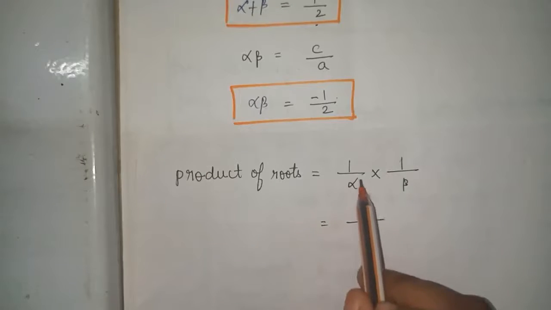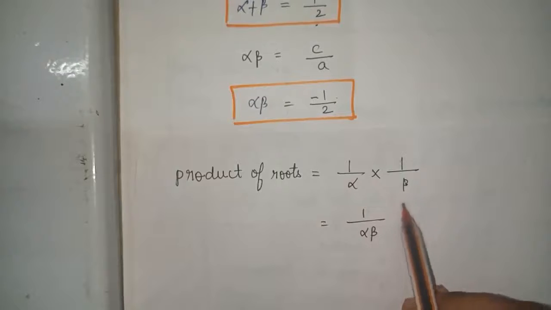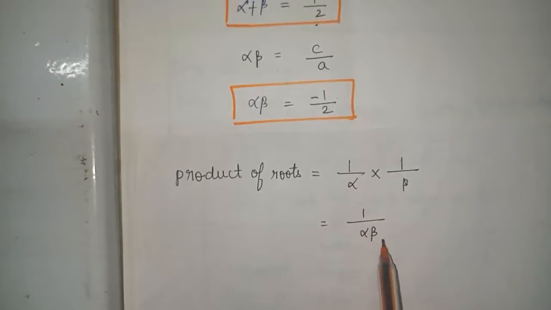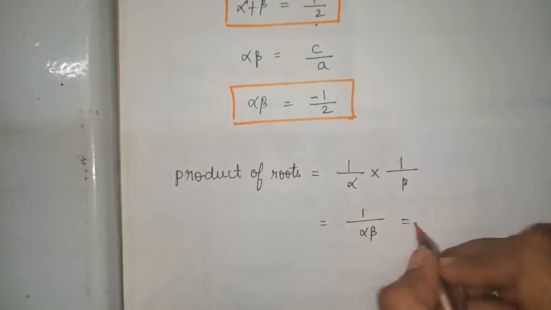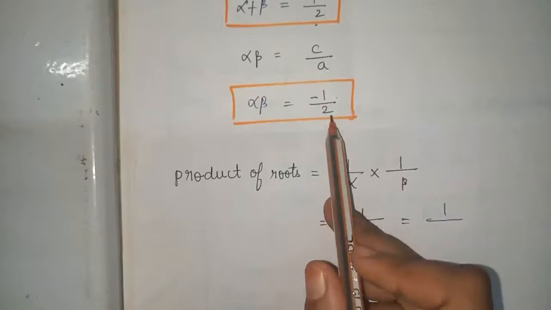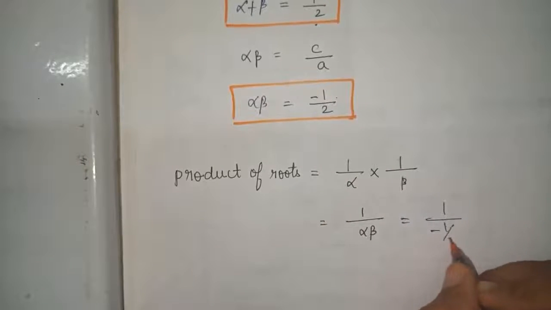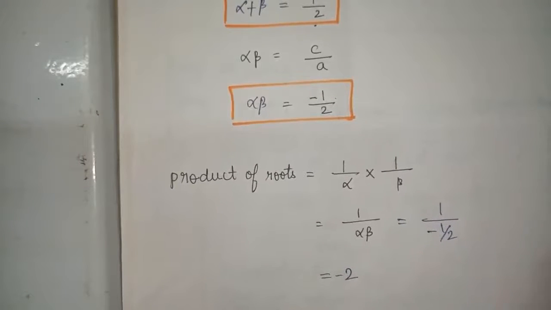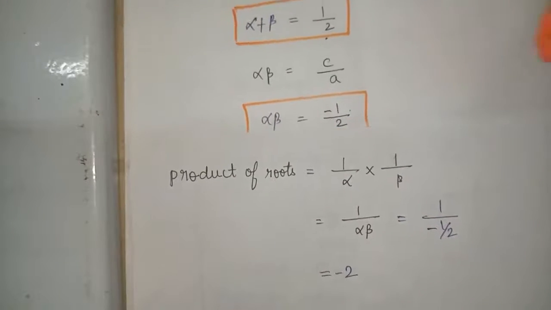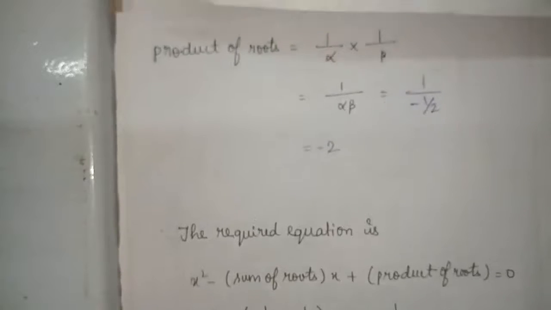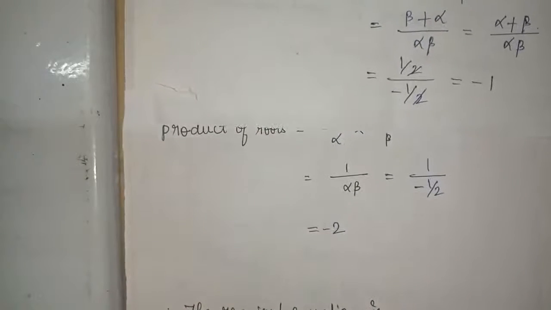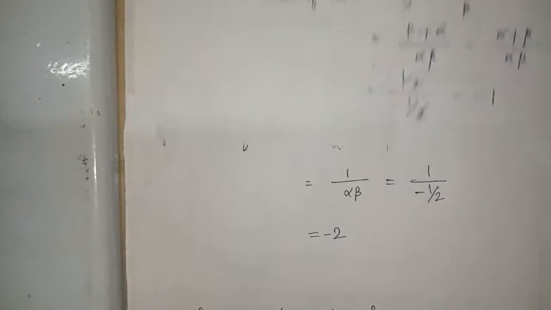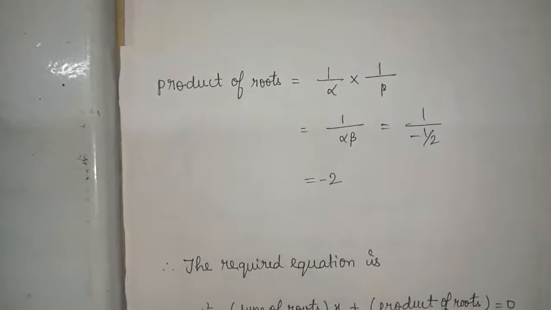Product of roots is equal to 1 by alpha into 1 by beta, which is equal to 1 by alpha beta, which is equal to 1 divided by alpha beta value, minus 1 by 2, which is equal to minus 2. So now we found the sum of roots and product of roots of the given roots. The sum of roots is minus 1 and product of roots is minus 2.